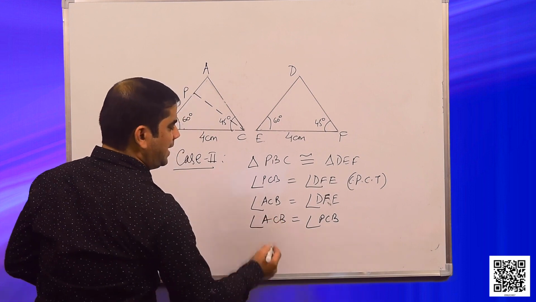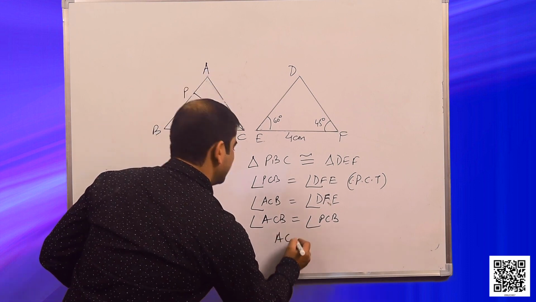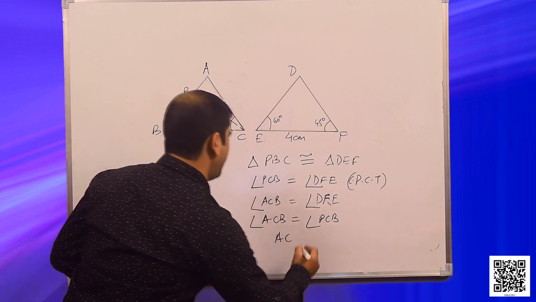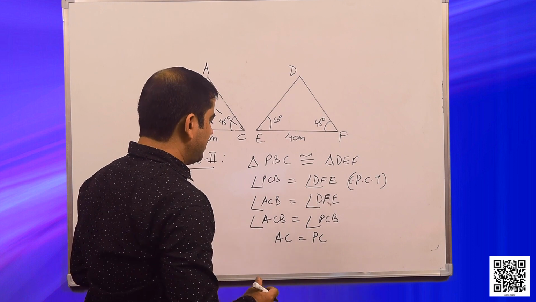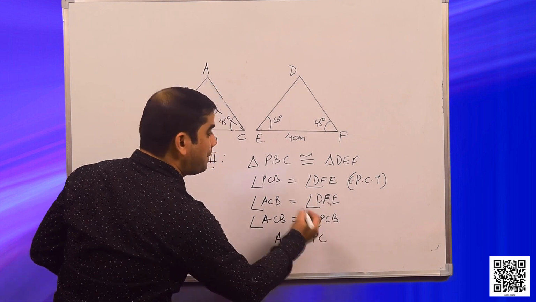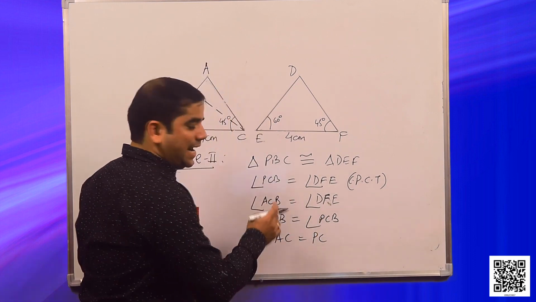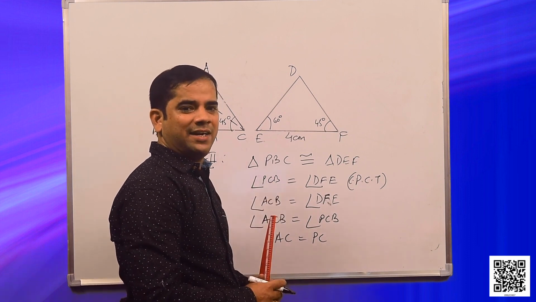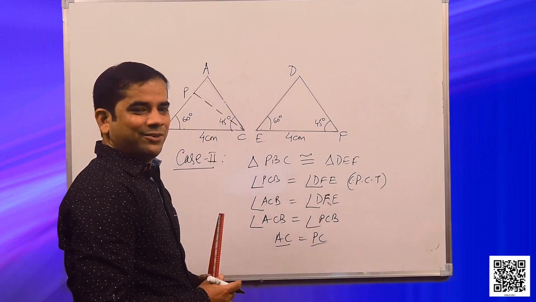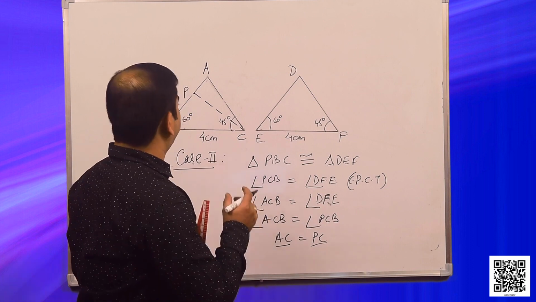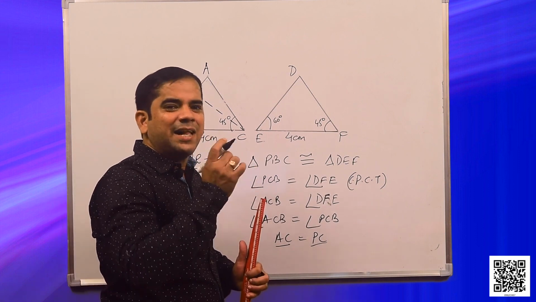If angle ACB is equal to angle PCB, what we can say is that AC, which is one of the arms of angle ACB, is equal to PC, which is the arm of angle PCB. That means here A and P have to coincide, isn't it? The points A and P have to coincide. Hence it is proved that A and P are nothing but a single point.